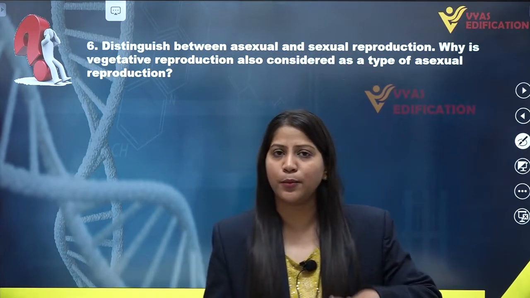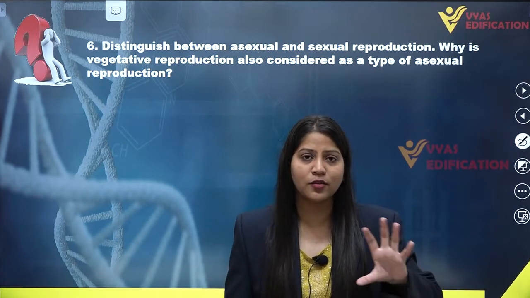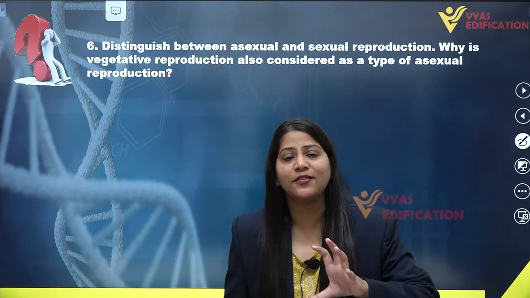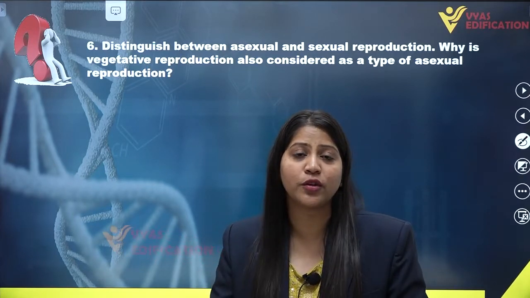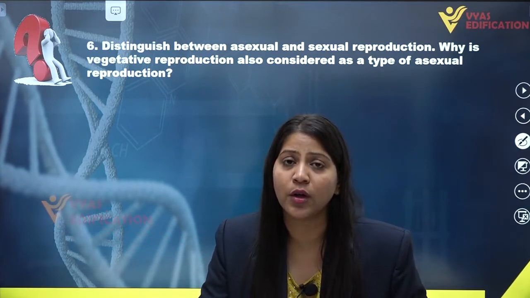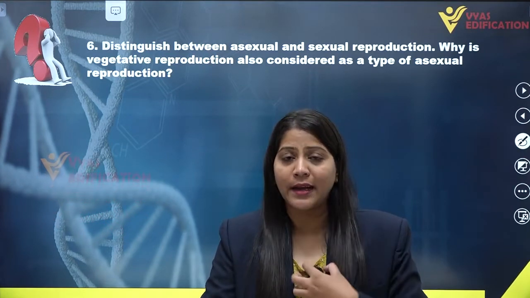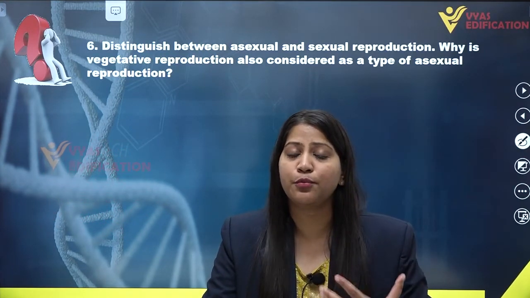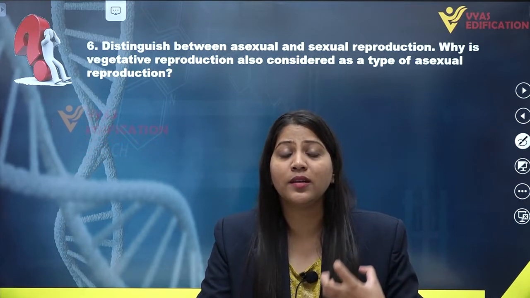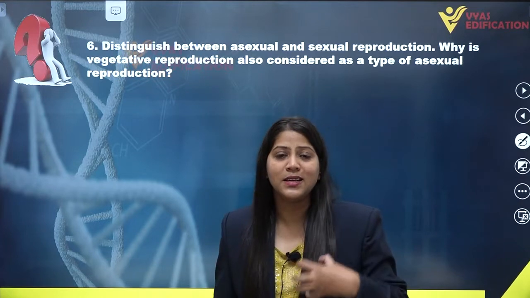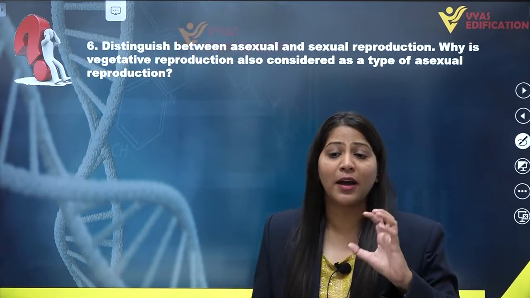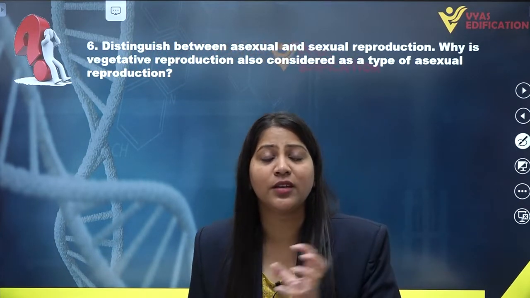Vegetative reproduction is seen commonly in plants, and it is a type of asexual reproduction because it does not involve gamete formation or gametic fusion. Only plants are obtained from vegetative propagation, without seeds or spores. We can obtain these plants by cultivating the parts vegetatively.